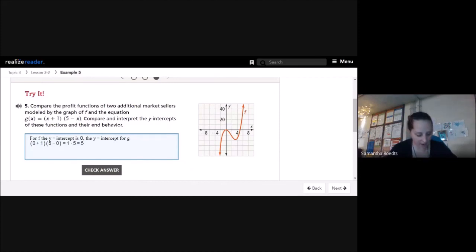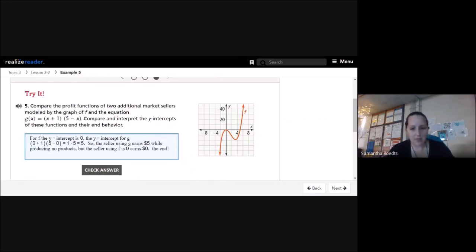So the y-intercept for G is 5. The seller using G earns $5 while producing no products, but the seller using F earns $0. So the seller for the graph of F, if he produces no product, he makes no money. Not great, but not horrible. If you don't produce anything, you don't lose anything.